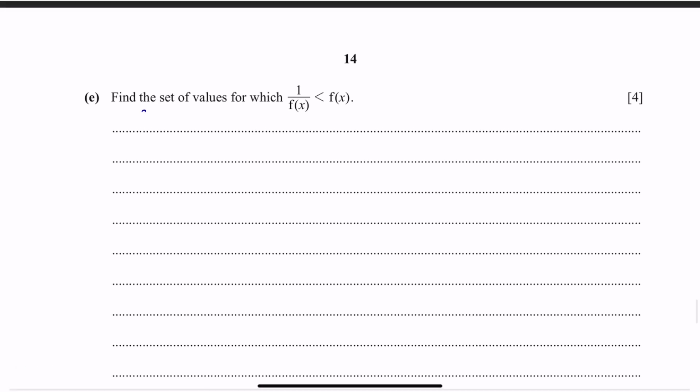So (x squared plus 2) over (x squared minus x minus 2) equals negative 1. x squared plus 2 equals negative x squared plus x plus 2. 2x squared minus x equals 0.